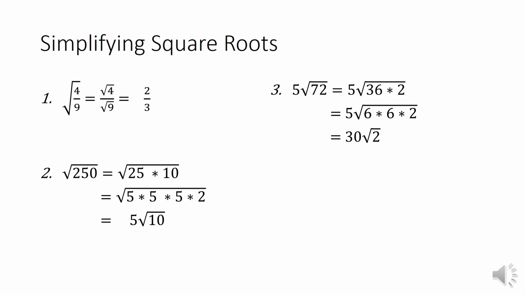Those two 6's. So we're going to be able to bring those two outside of the radical as a single 6. So we bring out a single 6, we multiply it times that 5 that's in front of it, and we have to leave the 2 inside of the radical because it has no partner. So our ultimate answer is going to be plus or minus 30 times the square root of 2.